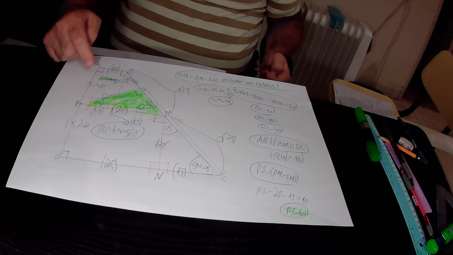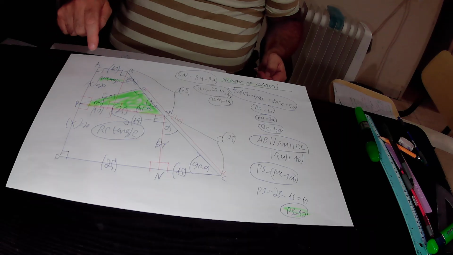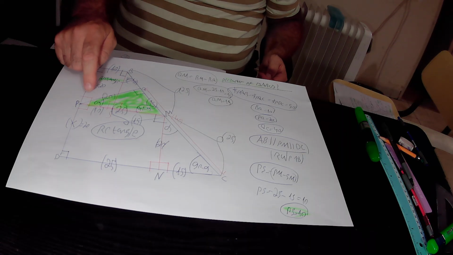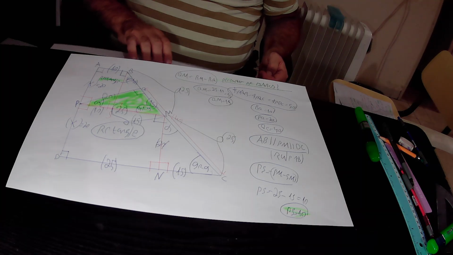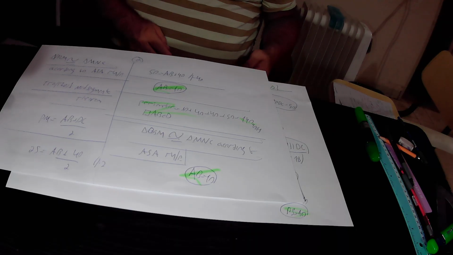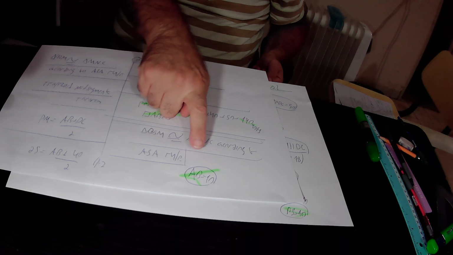So in rectangle ABSP, side PS must be equal to the opposite side AB. But PS is 10, therefore the opposite side AB must also be equal to 10 units in its length. So this represented a second method to find out that AB equals 10 units.